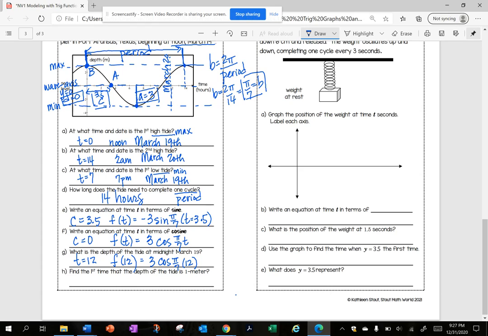Rounding to 4 decimal places, I get 1.8705 meters. In the real world, we have units, so make sure you're putting units. And make sure we're in radians.